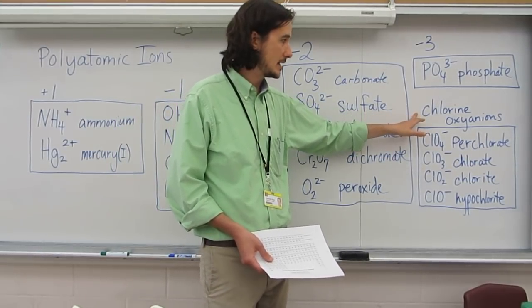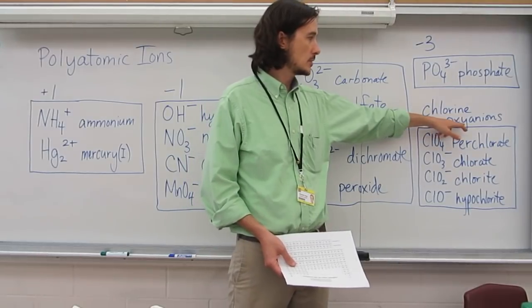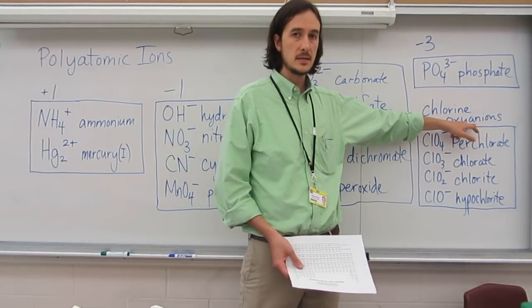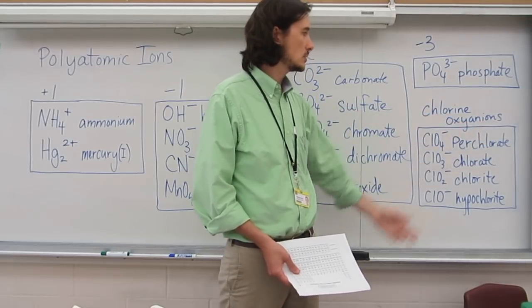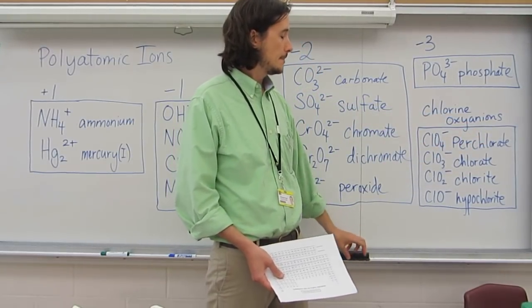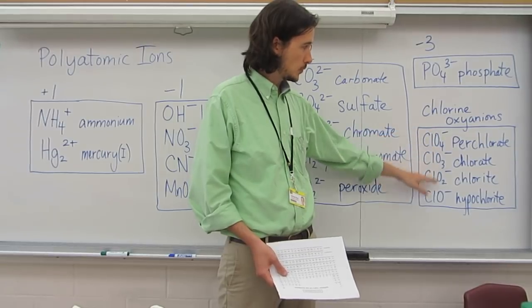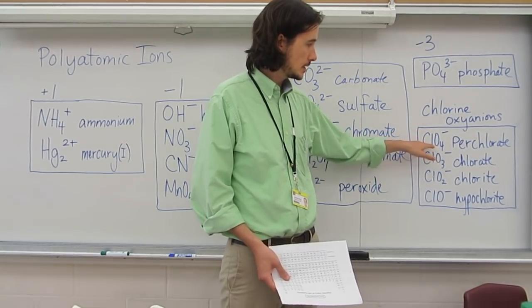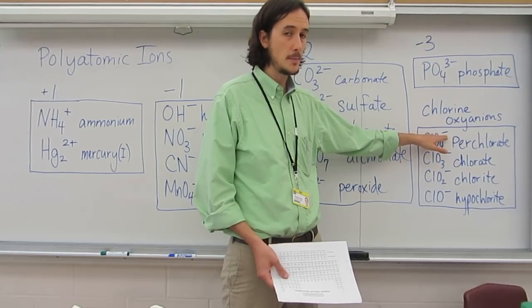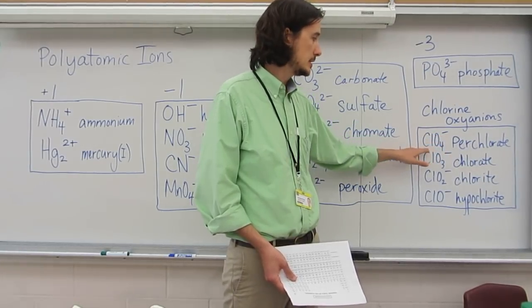Chlorine oxyanions. So if you see this term, oxyanions, that's just an oxygen-containing anion. And these are polyatomic ions, but there's a whole series. We have 4. Okay, so take a look. We've got perchlorate, ClO4-1. They're all -1. The charge is the same for each.